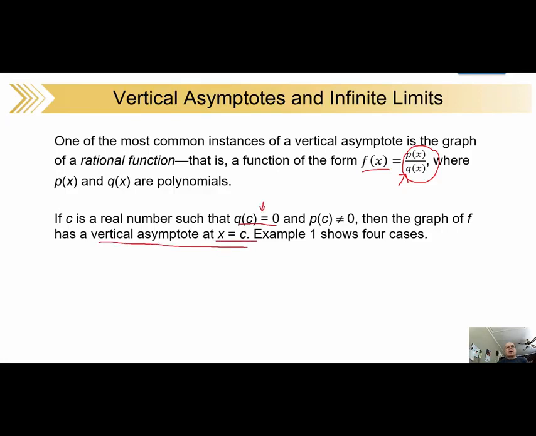Now that means we're not actually putting c into the q function, but when you get close to that value of c, unusual things happen. In particular, that means as you get close to c, you'll see something like this or something like that happening.